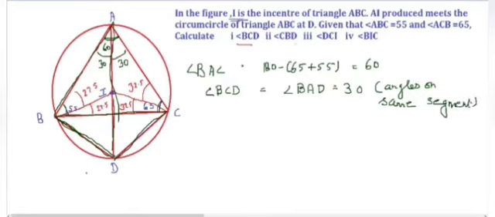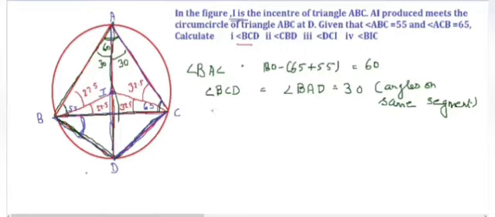Now we come to the next. We need to find angle CBD. So let us take this angle CBD. We need to calculate this. Now if I am taking this chord DC, this chord is making angle 30 on the segment, and the same chord is making angle CBD here.